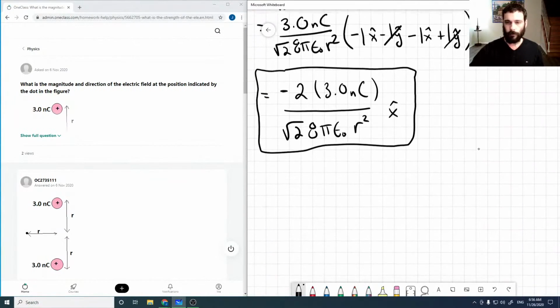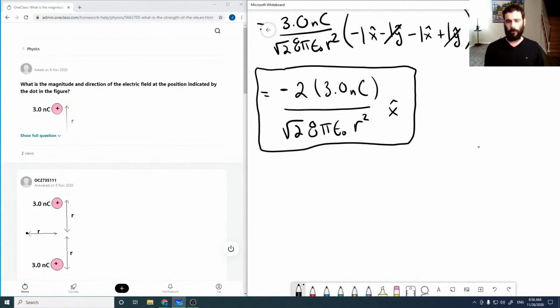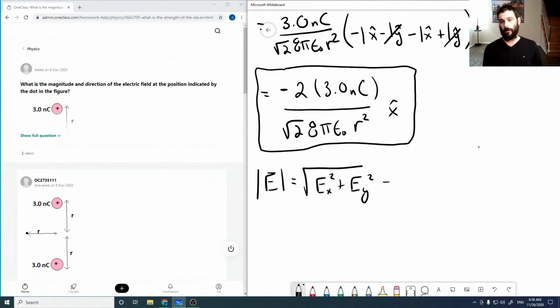So the magnitude of the electric field is the square root of the x component squared plus the y component squared. There's only an x component, so it's the square root of minus 2 times 3 over root 2, 8 pi epsilon naught r squared, squared.